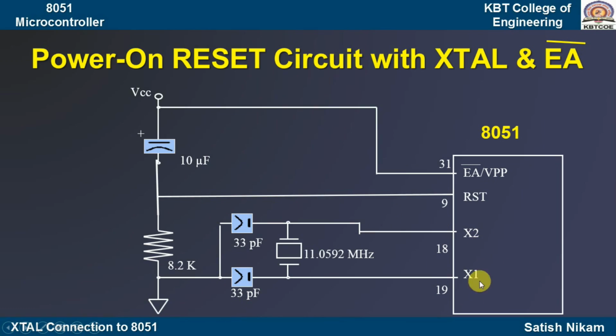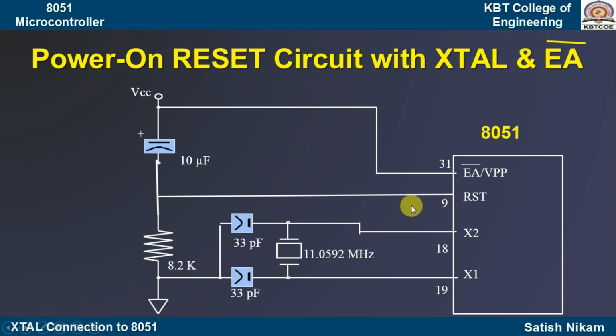So this is my crystal oscillator circuit, and pin number 20 is connected to ground, and pin number 40 is connected to VCC. So minimum, when you are going to use your 8051 microcontroller, minimum pin number 31 is supposed to be connected to VCC or ground. If I am going to use the internal ROM, I have to connect it to the VCC.